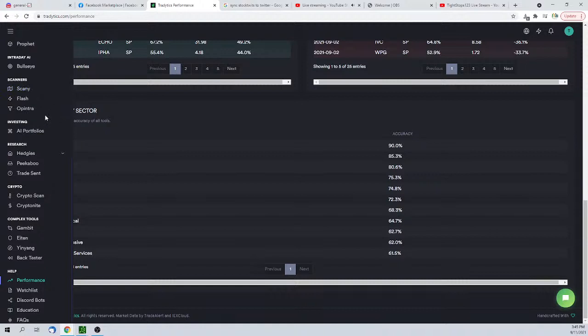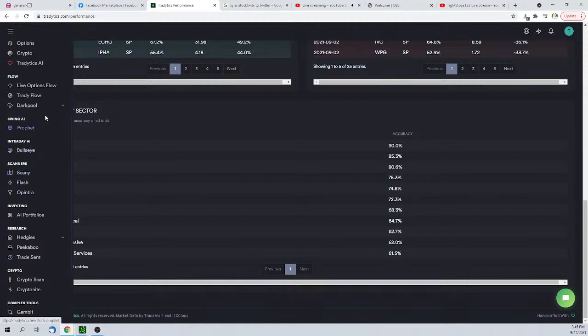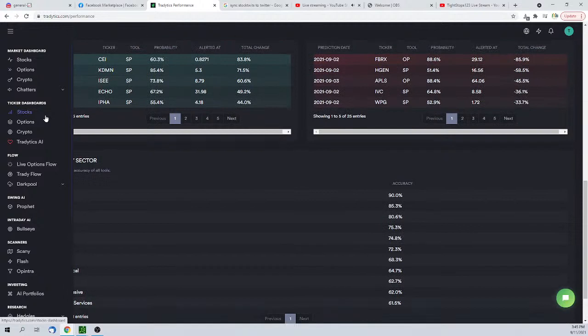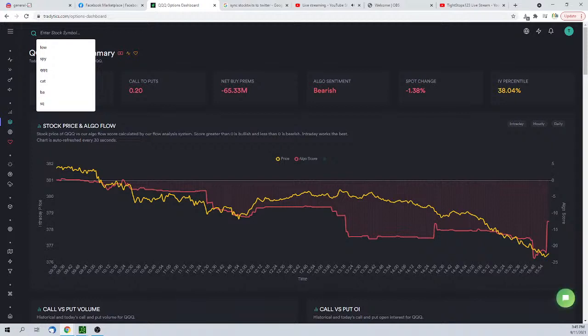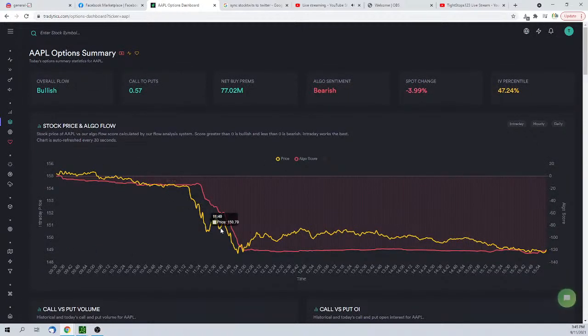This is one thing that I need to talk to him about, because scrolling up and down this thing is kind of a pain in the butt, but it is what it is. I'll go straight to my ticker dashboard. I'll go straight to options, and let's say the room gets alerted Apple. I'll come straight to here, and I want to look at my algo score and my price.